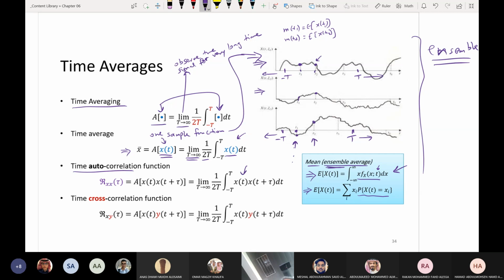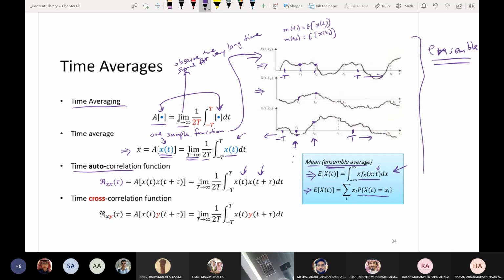We observe the signal x of t. So from minus T to T, let me clean this up. So for this function, I observed from minus T to T, and I multiply x of t by a delayed version of it.